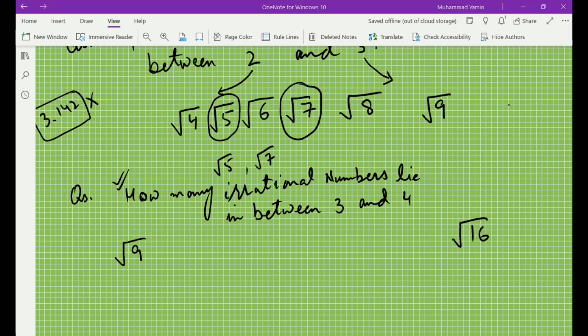And how do we resolve now? After writing this, we write down all the values which come in between: root 10, root 11, root 12, root 13, root 14, and root 15.